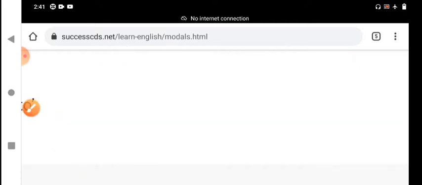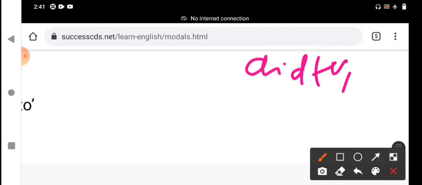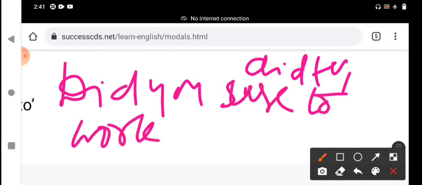But how do you frame the interrogative sentence using used to? We also use did. The question form is also did plus V1. For example, did you use to work with him?